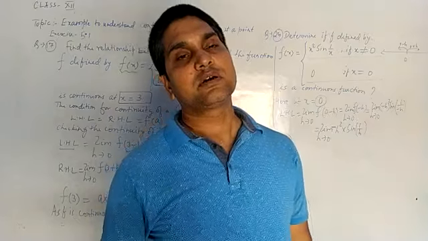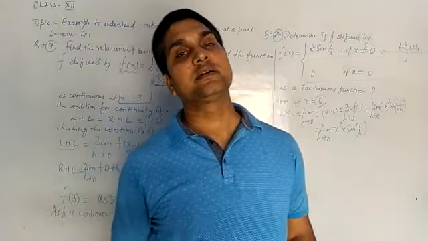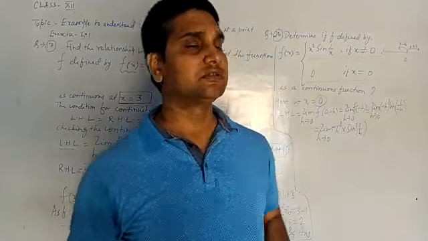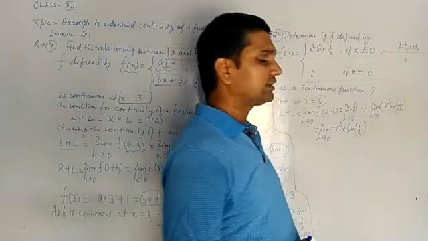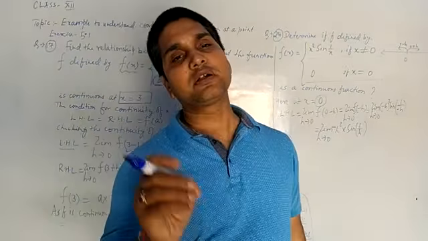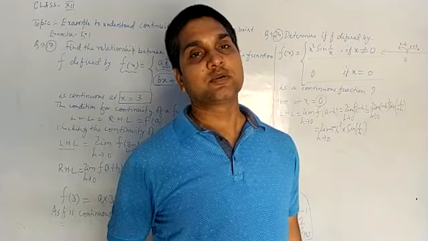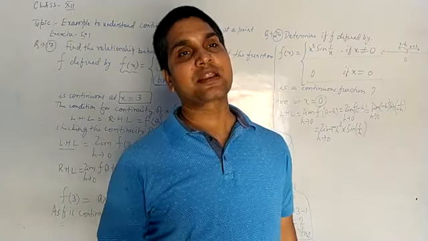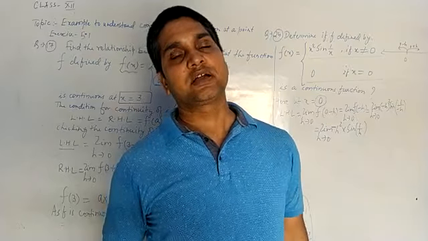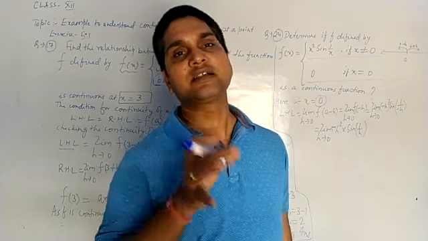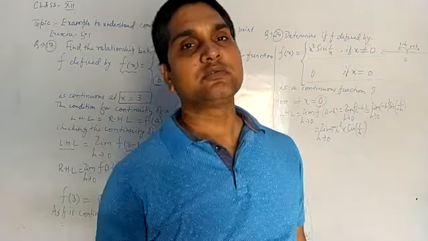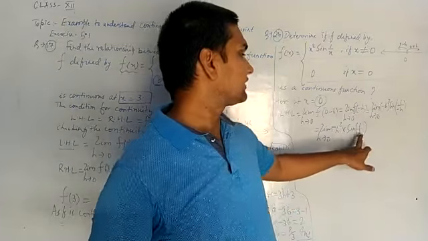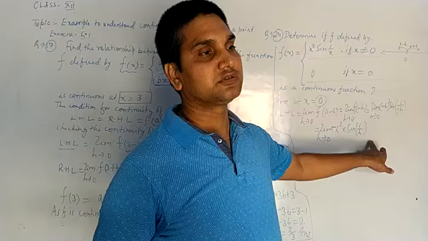Sine theta is defined from minus infinity to plus infinity as its domain, but the range, the value of sine theta, will be from minus 1 to 1. So it gives any fixed value between minus 1 to 1.